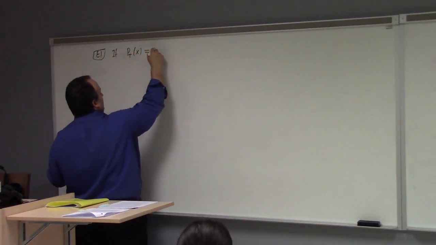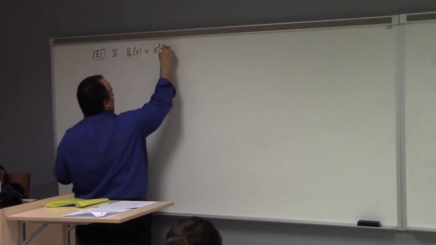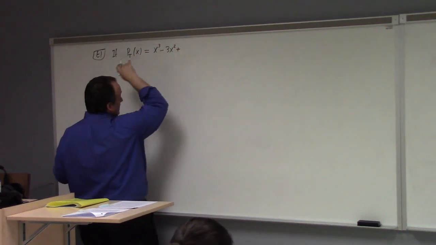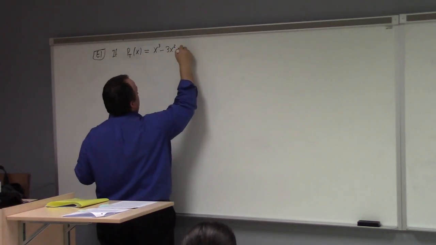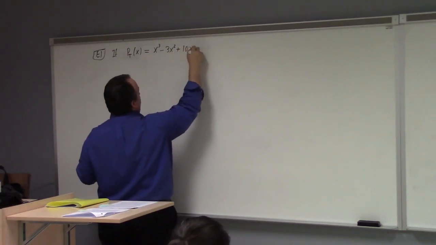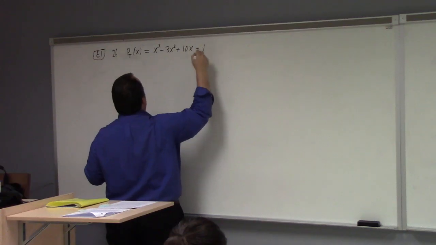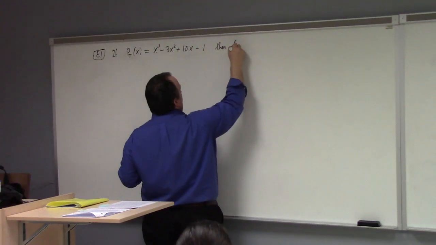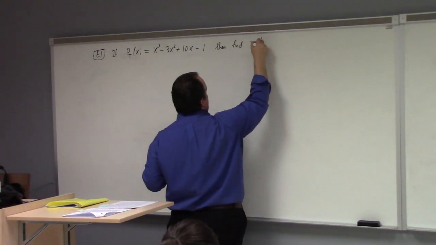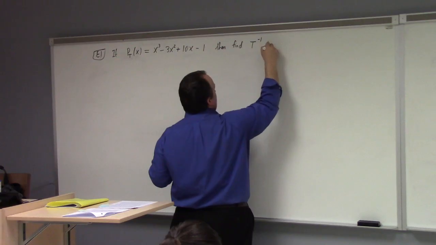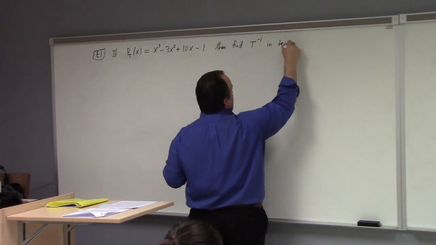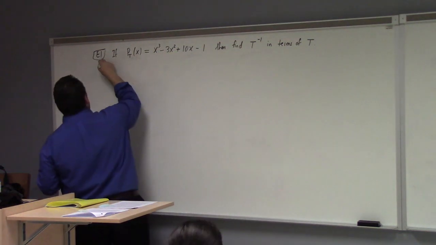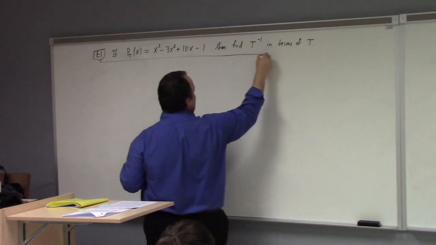x cubed minus 3x squared plus 10x minus 1, right? Then find the inverse transformation in terms of the transformation T is all of a sudden a problem that you can do. In fact, it becomes an easy problem, right?